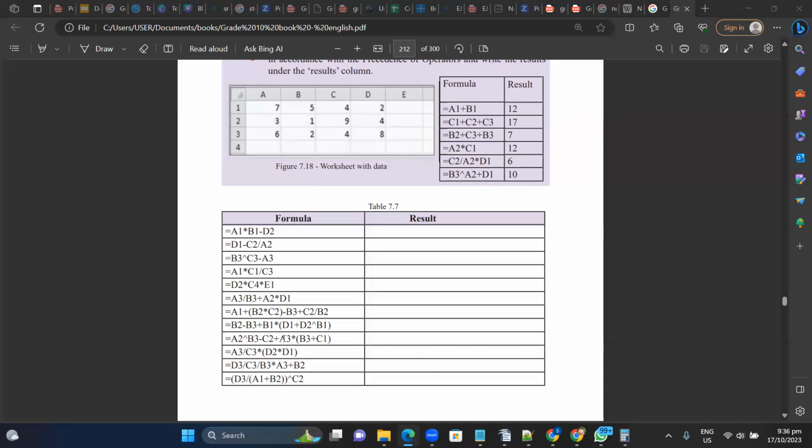Then A2 to the power B3: A2 is 3, B3 is 2, so 3 to the power 2 is 9. 9 minus C2, which is also 9, gives 0, plus 36 is the answer, right?